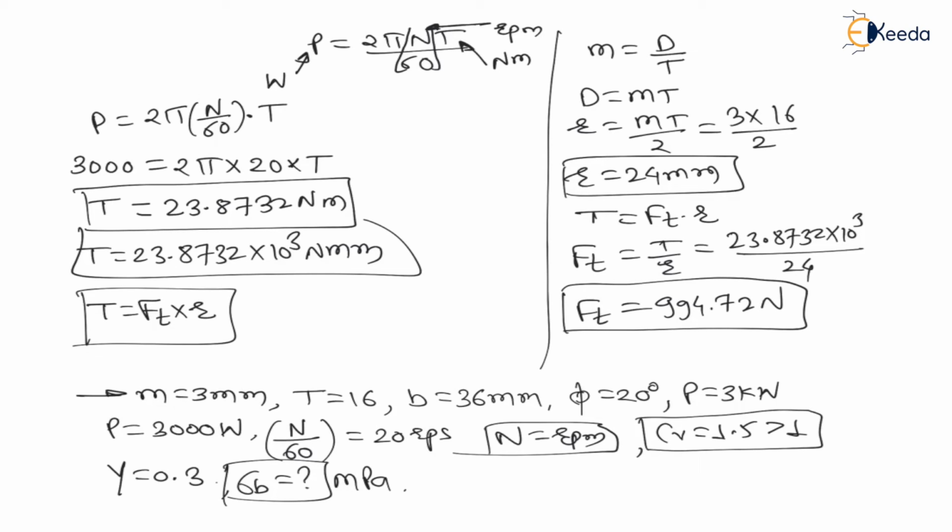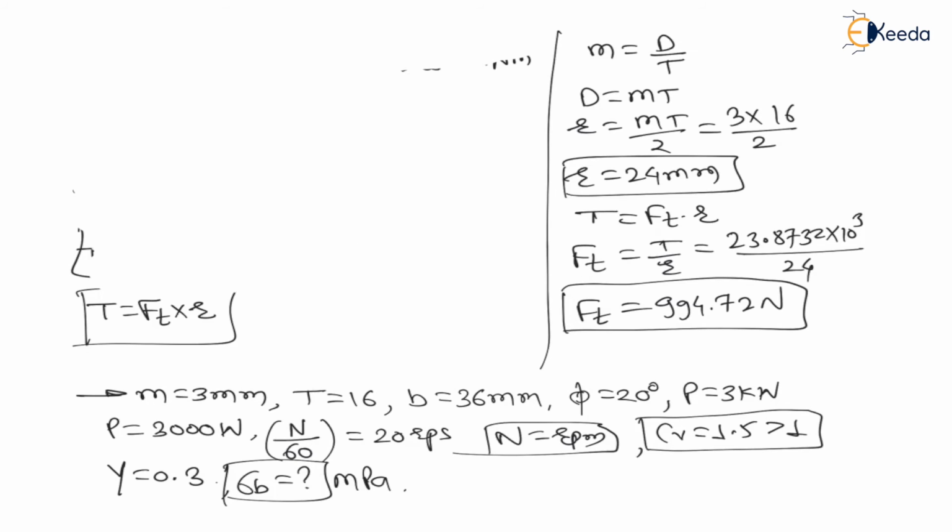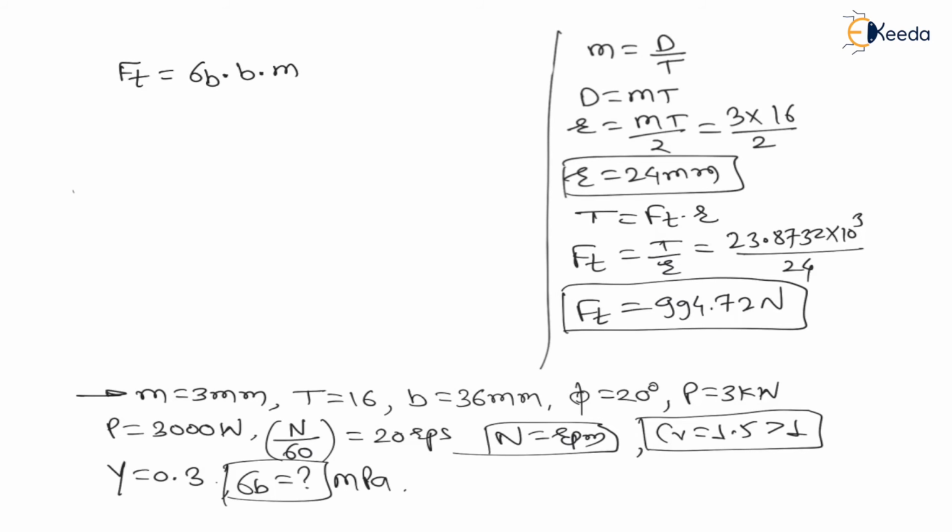Now, as per Lewis equation, we know that this tangential force is equal to sigma b into B m into y, and here the velocity factor is more than 1.